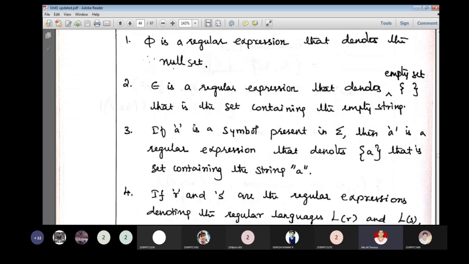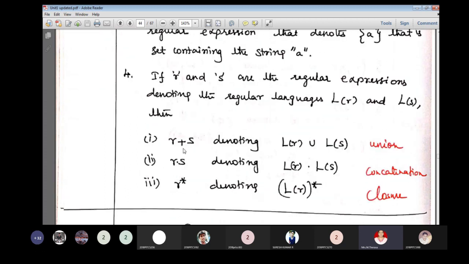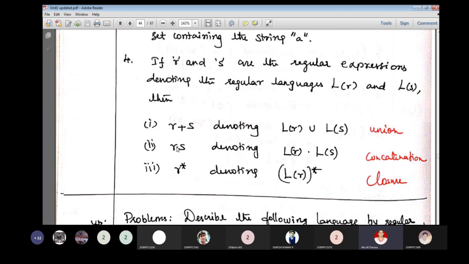By using these basic units, we can build regular expressions with the operators plus, dot, and star. Plus represents the union operator, dot represents the concatenation operator, and star represents the closure operator.